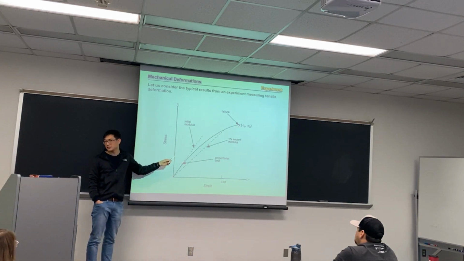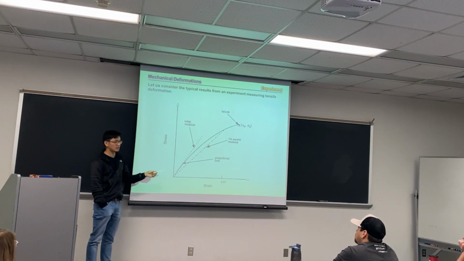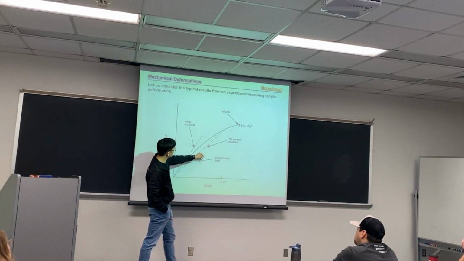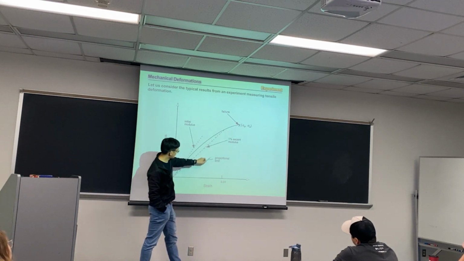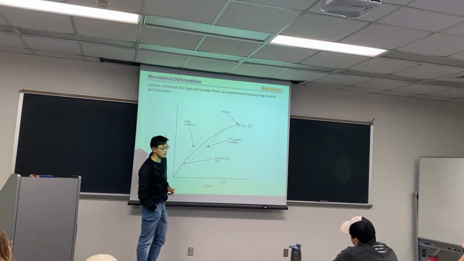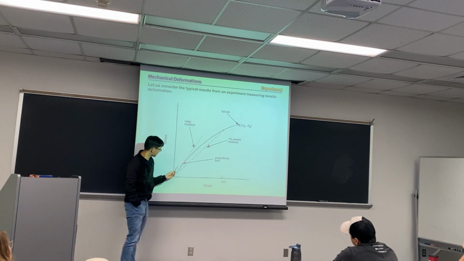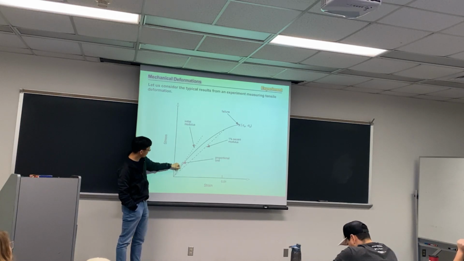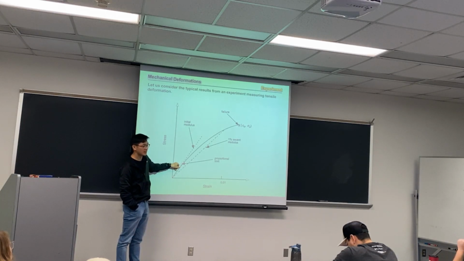Why is this? This typically happens when your material is not purely elastic. There is some viscoelasticity coming into play. So it could be that when you release from that, it will not go down to the original length. In this case, you should only treat the first initial 0.005 or smaller as the elastic region, okay?